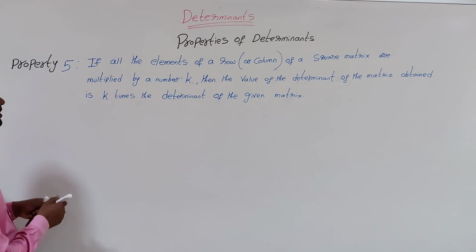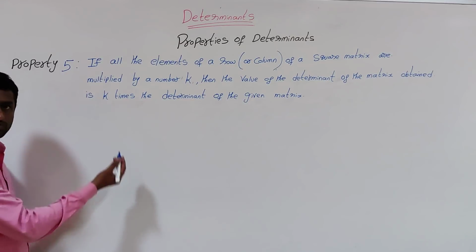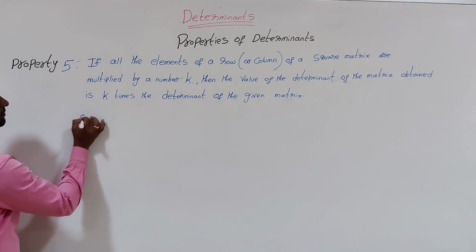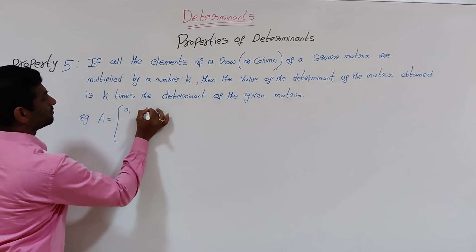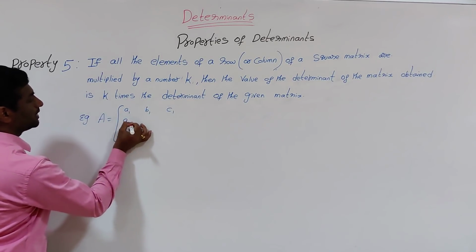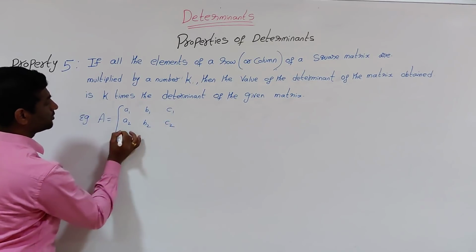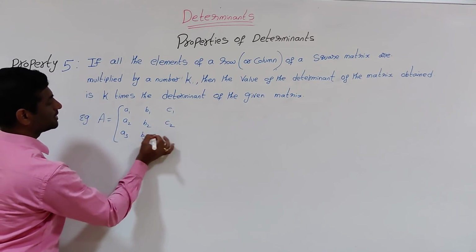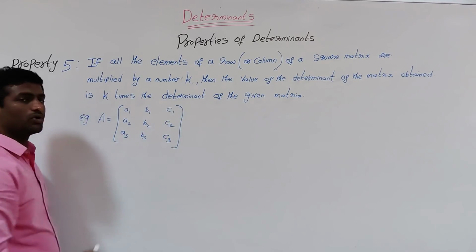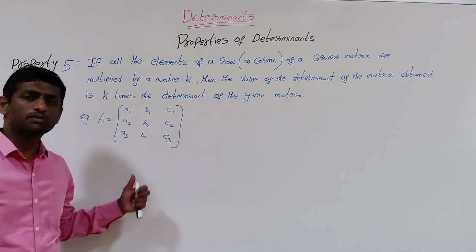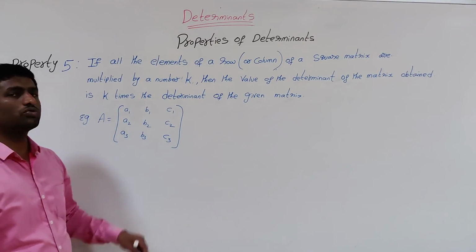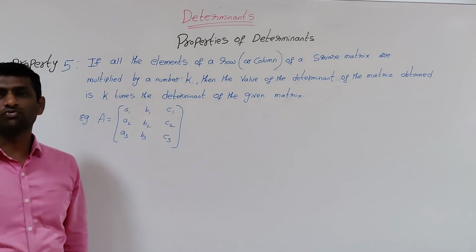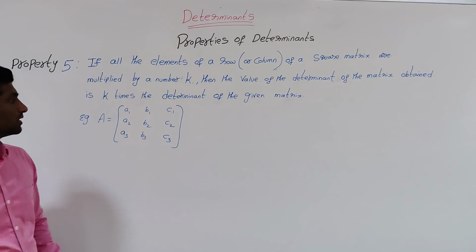As we are familiar with the 3 by 3 matrix, if A is equal to A1, B1, C1, A2, B2, C2, A3, B3, C3, you know how to find the determinant of this matrix: A1 into cofactor of A1 plus B1 into cofactor of B1 plus C1 into cofactor of C1. So this is one method.